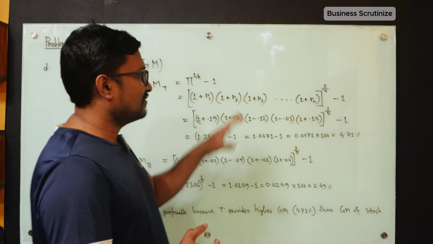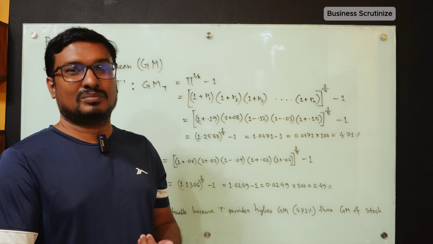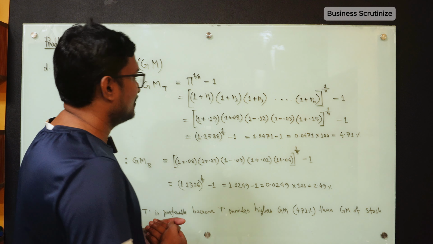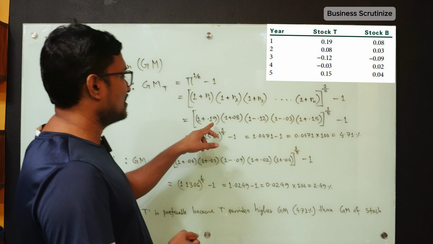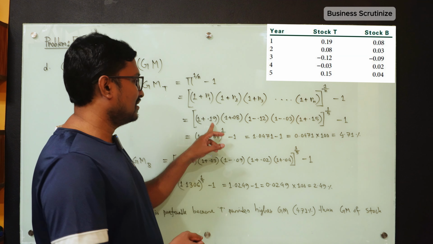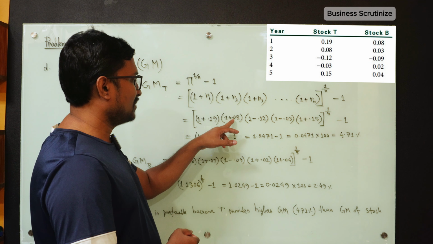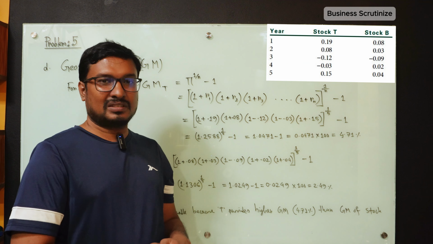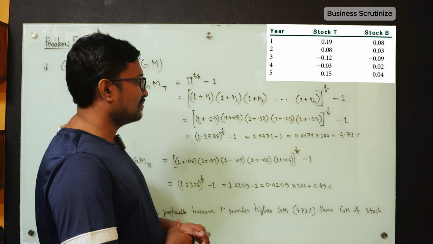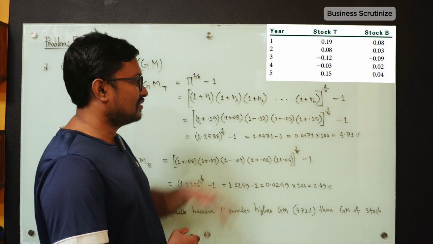This is the basic formula we follow while measuring the geometric mean. For stock T, the first year return is 0.19, as you have seen in the problem, and the second year is 1 plus 0.08. Then we have a negative return, so it should be 1 minus 0.12.